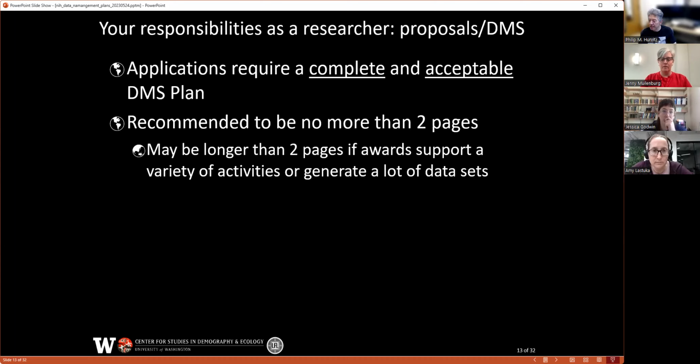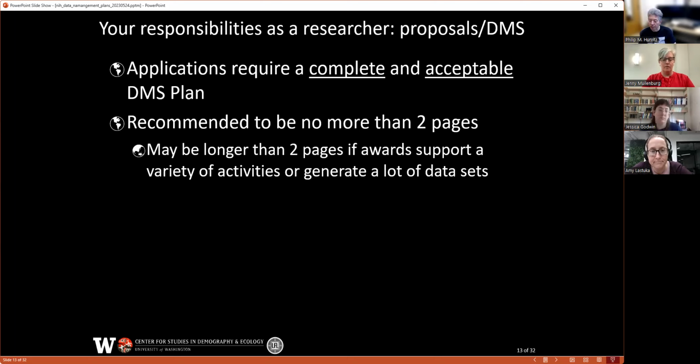What that actually means, I think, is still a bit unknown. And I think we'll learn more through experience, and the NIH is going to learn more through experience about what's complete and acceptable. Recommended to be no more than 2 pages. Now, if you're proposing research that supports a huge amount of activities, maybe something like some of the things that IHME has going on, or CSDE, right?